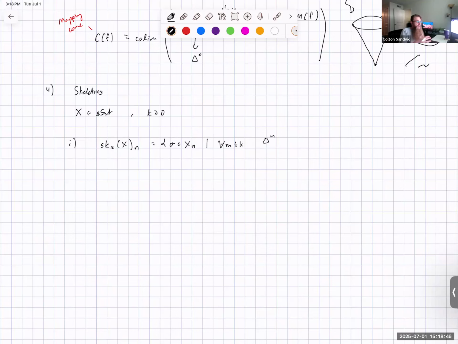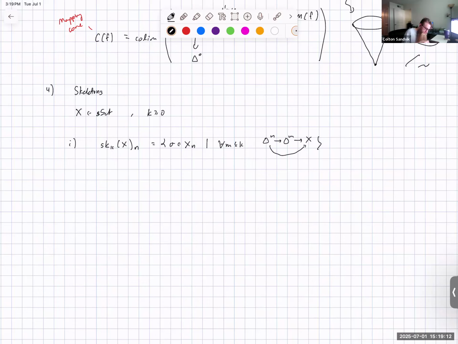Sigma is a map from the n-simplex into X. I'm viewing X as being some ambient set, and this is a little hand wavy, but that's okay. And it should factor through delta m. So we're discarding anything that plays a higher role in this simplicial set.